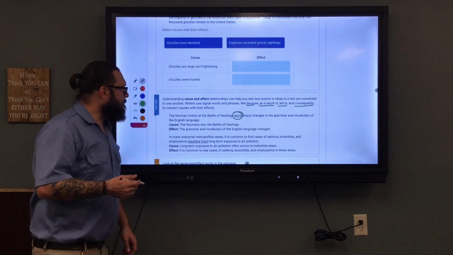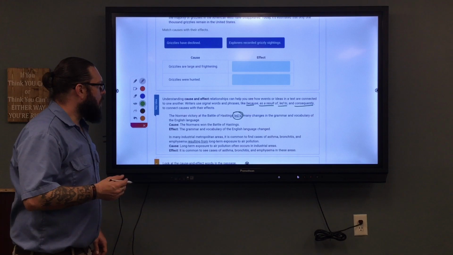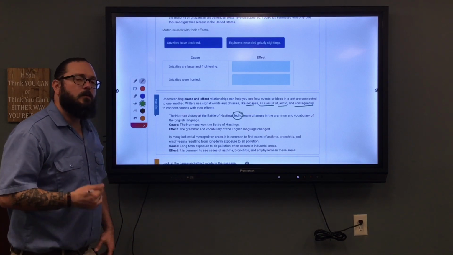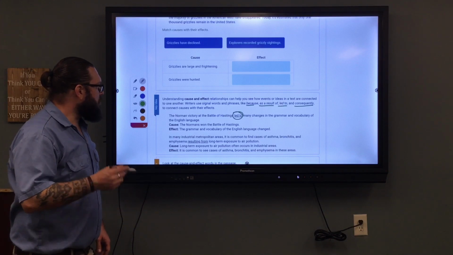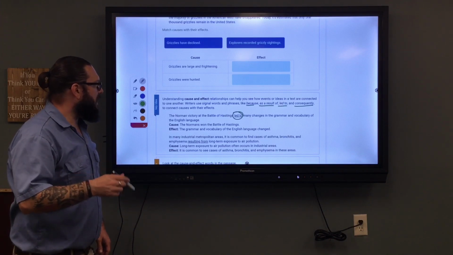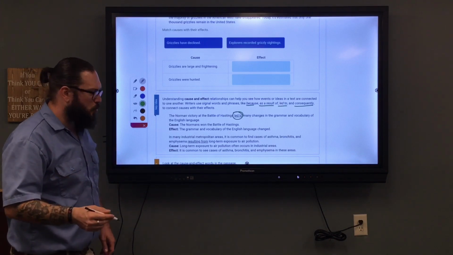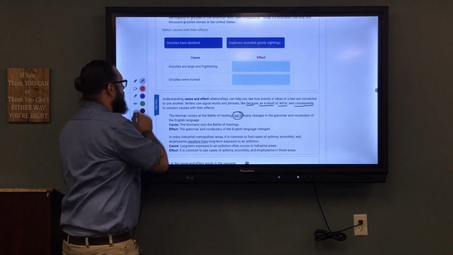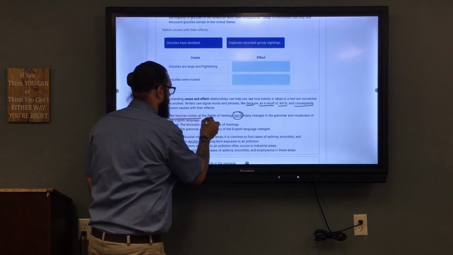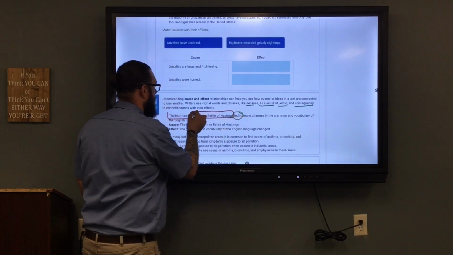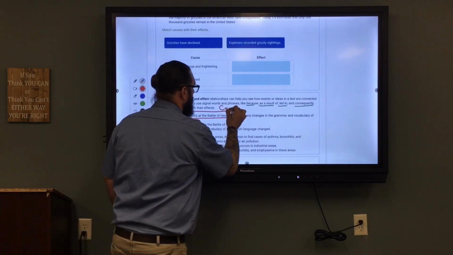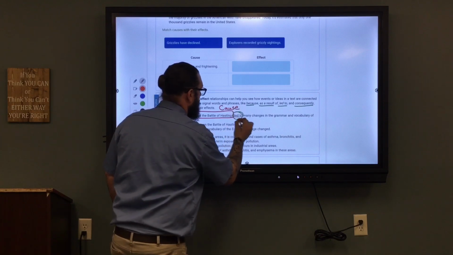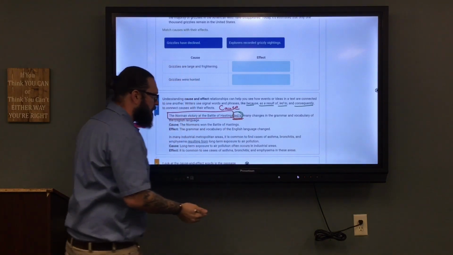Okay, so which is the cause? Which is the effect? Well, it's saying that the Norman victory at the Battle of Hastings led to. Okay? So this is the cause, because the cause leads to the effect.